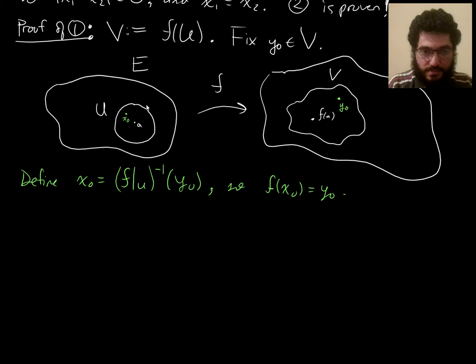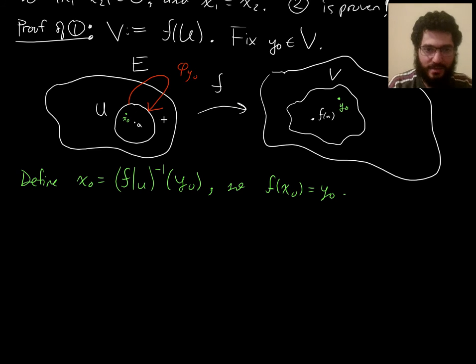I'm thinking of x naught as a fixed point for phi sub y naught, so I want to think of it as a map from this space kind of back into this space. So maybe something like this.